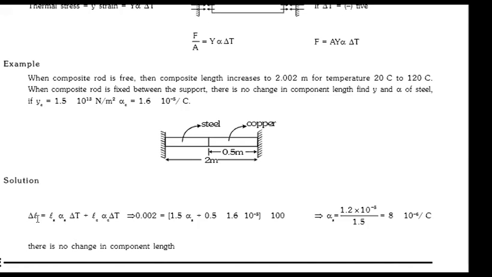So delta L is L steel alpha delta T plus L copper alpha delta T. And total change is given as 0.002, because the final length changes from 2 to 2.002. So from here we can find alpha. Agree? Easy.